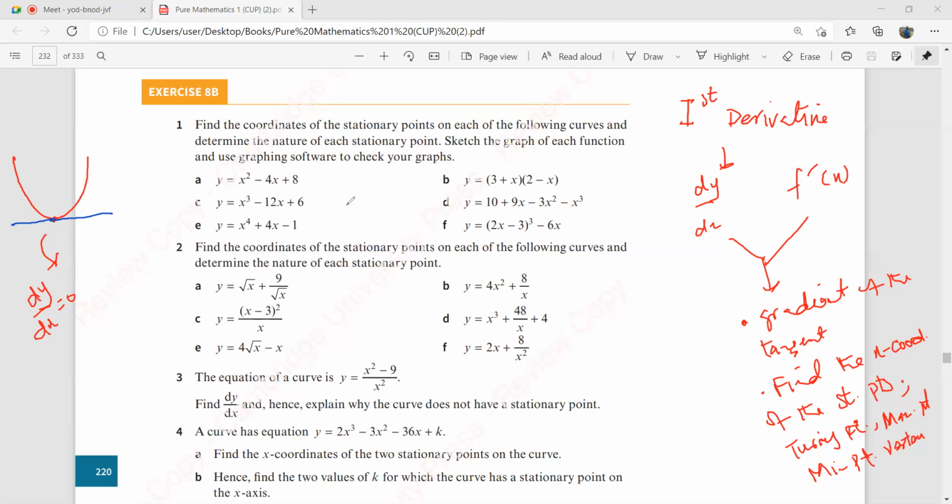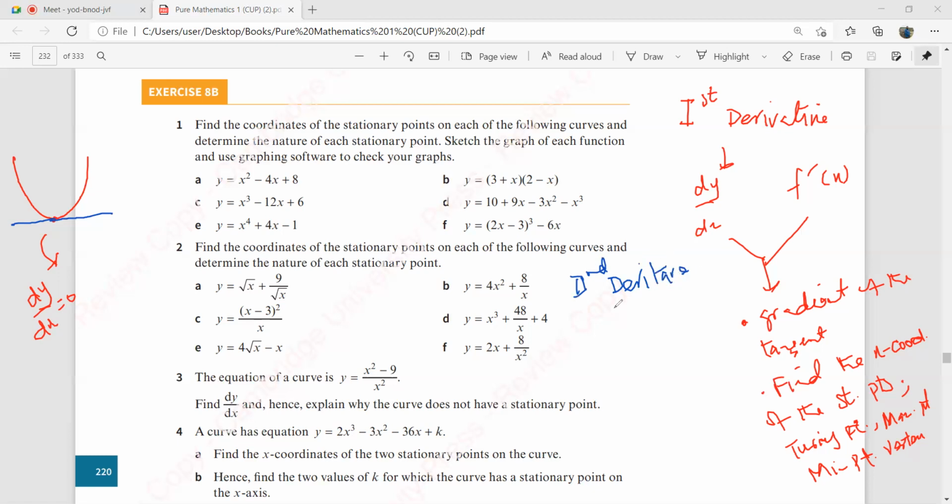Now we are going to talk about the use of the second derivative. You will be finding the second derivative, and the second derivative will help you to determine the nature of this turning point, okay? So the second derivative, let me write it down here, and you can write this again. The more you write it, there's a greater chance that you remember this, okay?